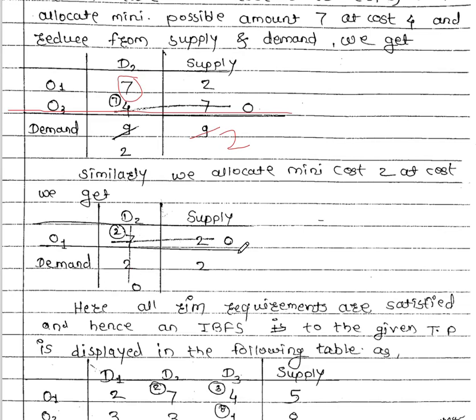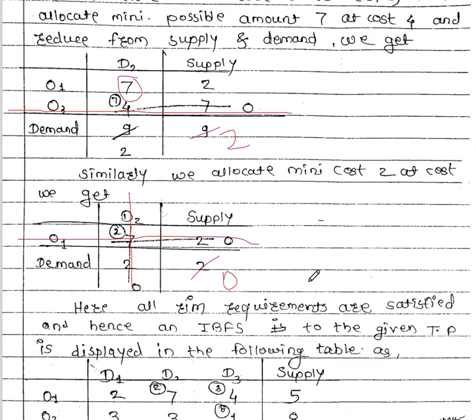So this will become 0, meaning this row is satisfied and this row is also satisfied. This will become 0. Okay, so 2 minus 2, here will remain only 0. So in this way we can say that all the rim requirements of the given transportation problem are satisfied. Okay, so in this way we can solve the given transportation problem by using the matrix minima method.